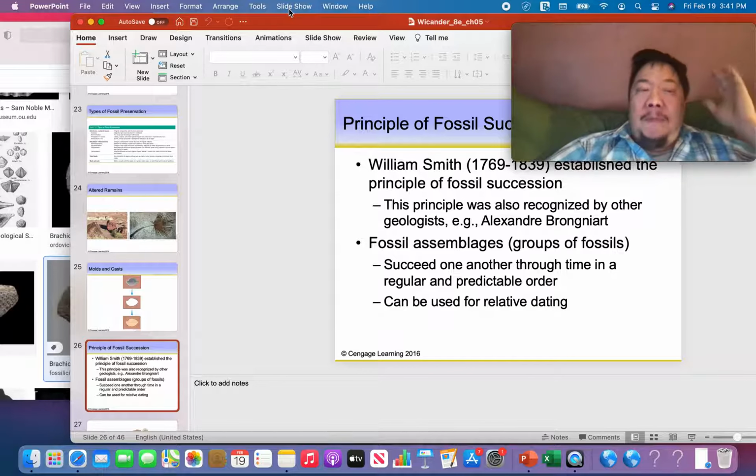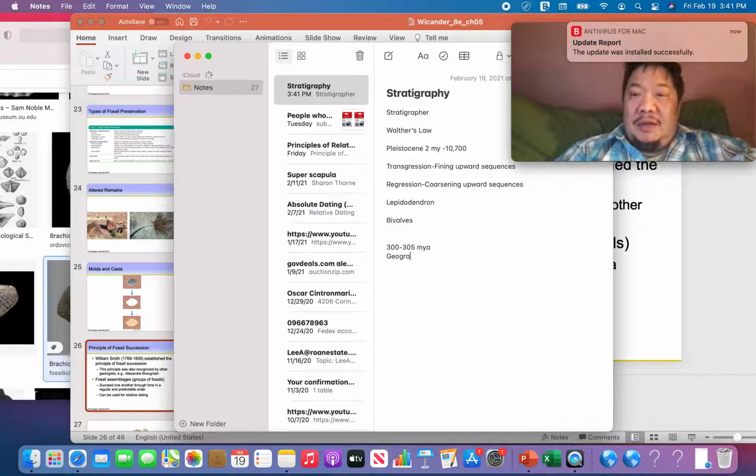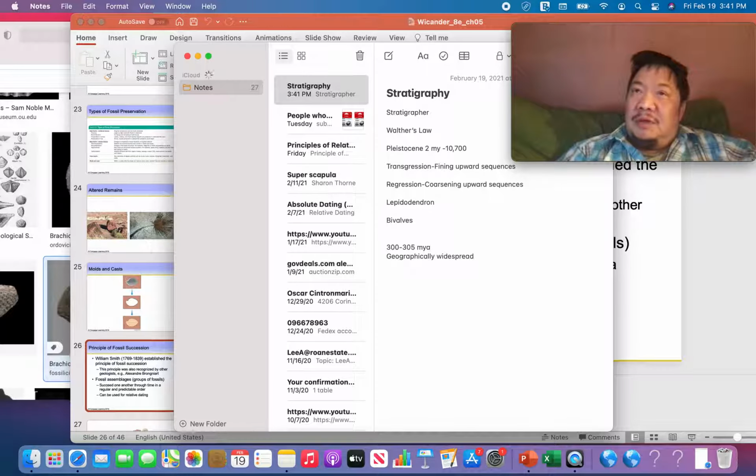Let's say we know that a particular species of brachiopod lived from 300 to 305 million years ago, and it was geographically widespread, meaning that it could be found all around the world.